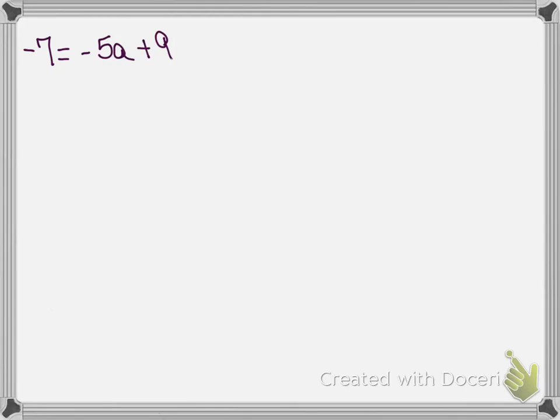The way that I get rid of plus 9 is I say minus 9 on each side. So I subtract 9 on each side. I'm left with negative 16 equals negative 5a.